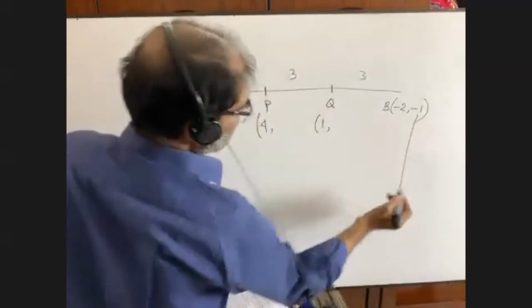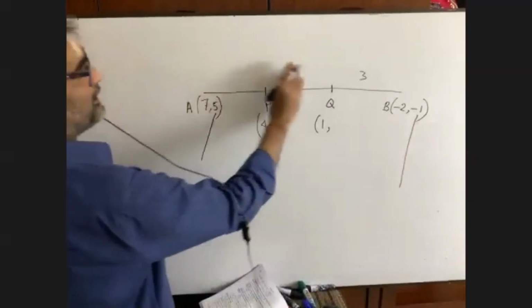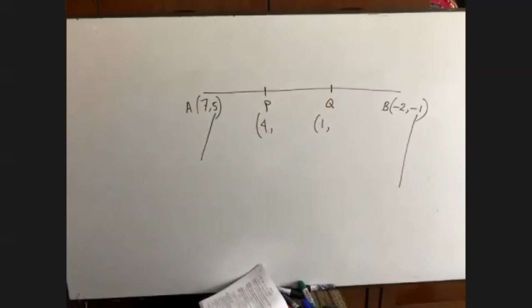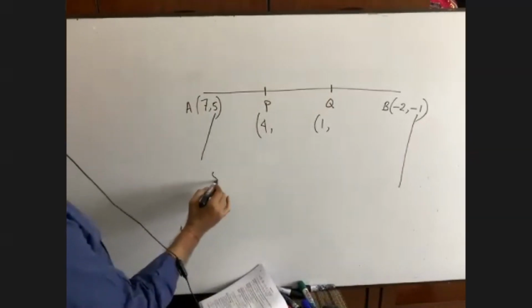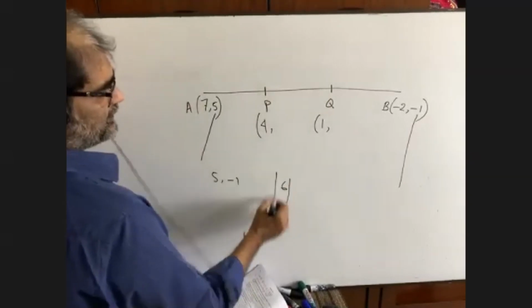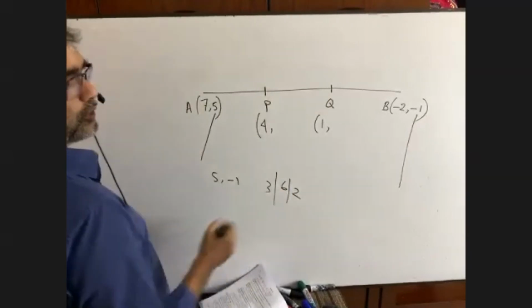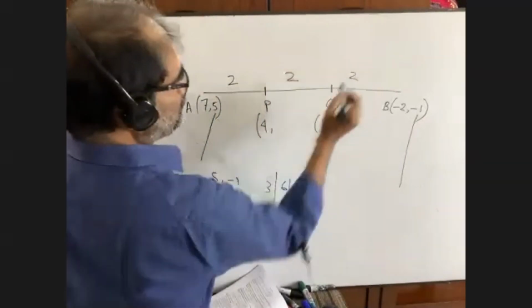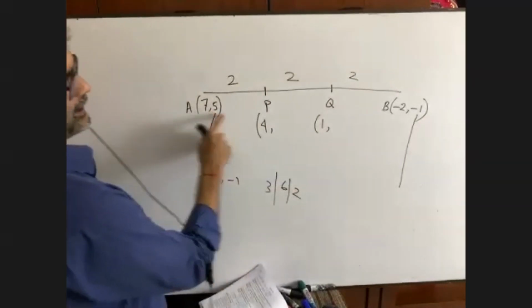What is the difference between 5 and -1? Sir, 6. Divide 6 by 3. What is the result? 2. Now you see 5 is greater than -1.